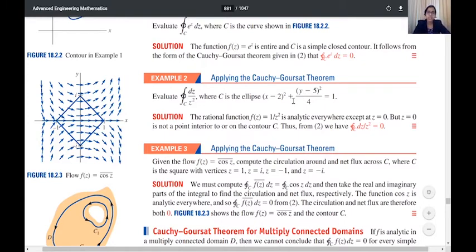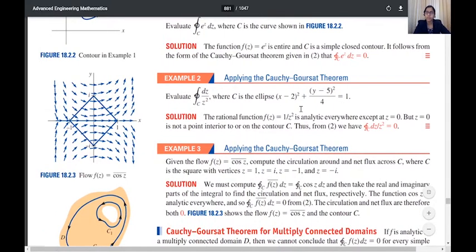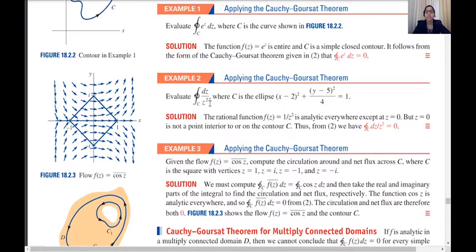It is not present inside the contour, neither on the contour. So this particular function is analytic everywhere in this contour, because the only point where the function is not analytic is z = 0, and that point is not inside the contour. So the integral will be 0 by the Cauchy-Goursat theorem.